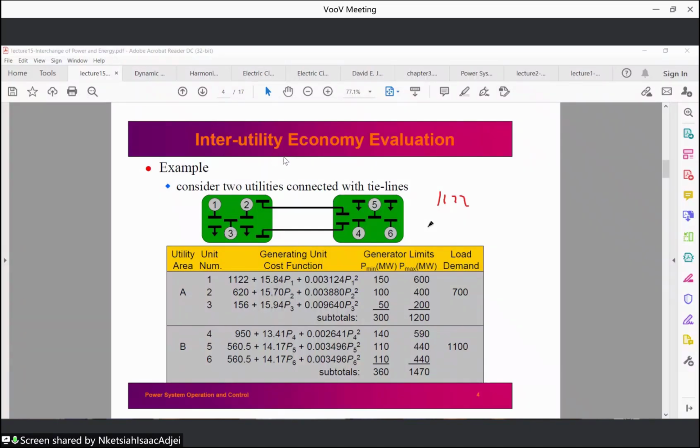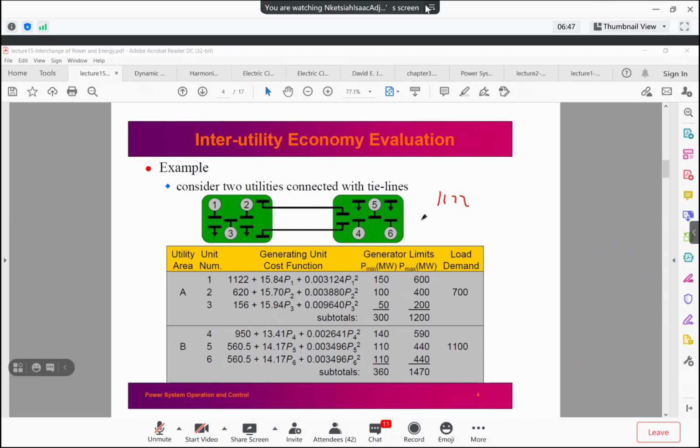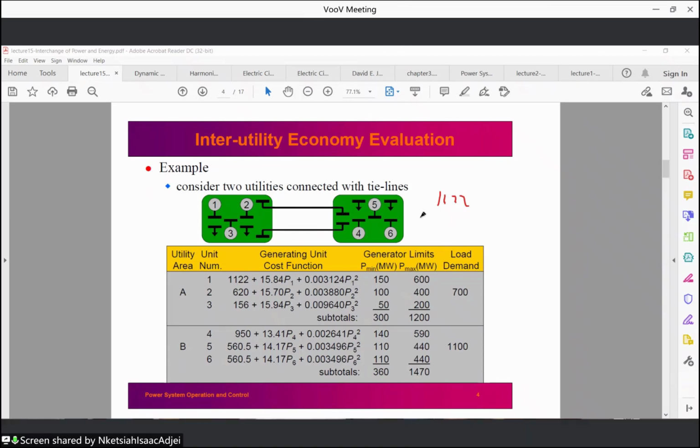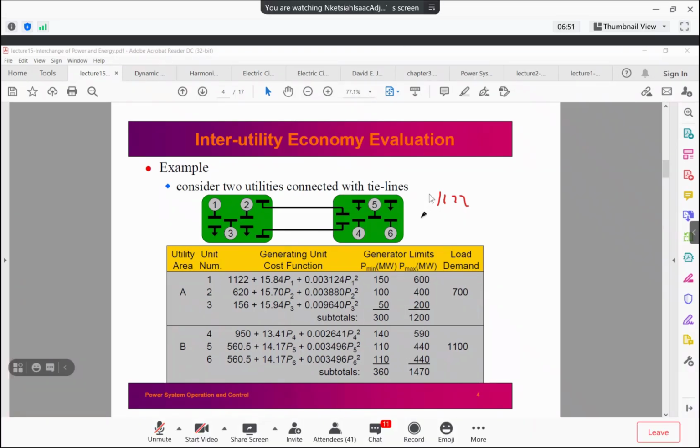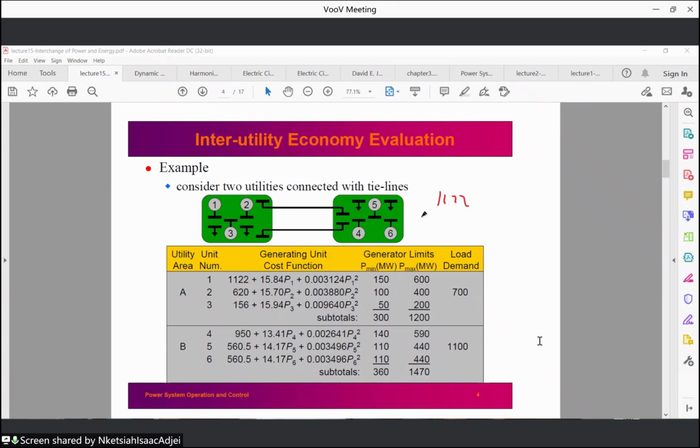We have been given P1, P2, and P3, all for utility A. So we have to calculate for each and every one, because at the end of the day, we are finding the sum for the first utility, utility A.